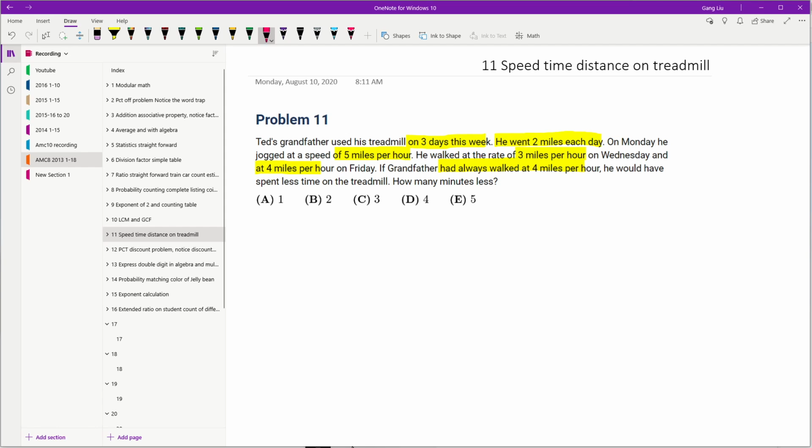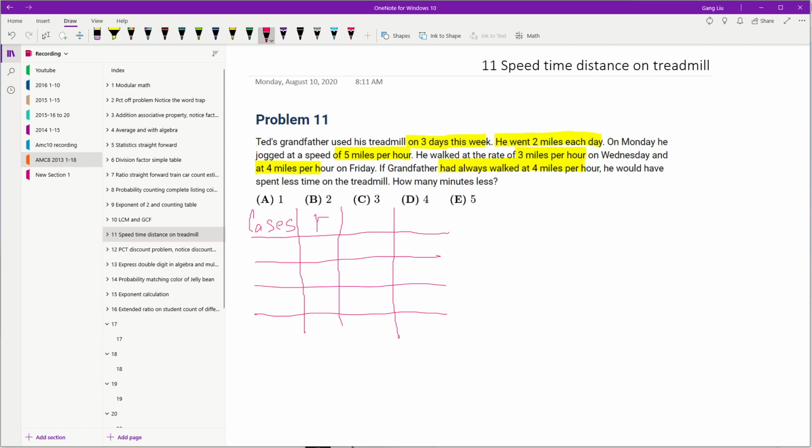We use a table, so this is the rate, time, and the distance. This is Monday, and this is Wednesday, and Friday.